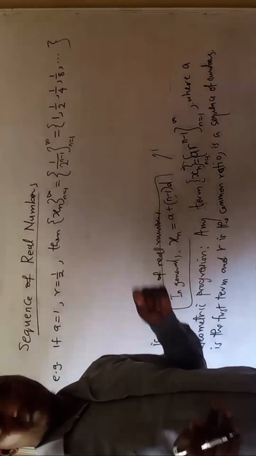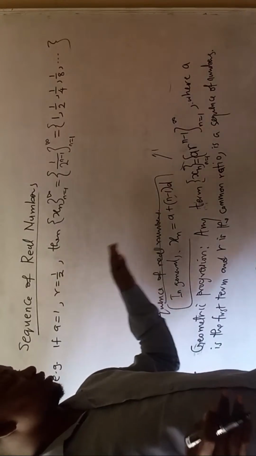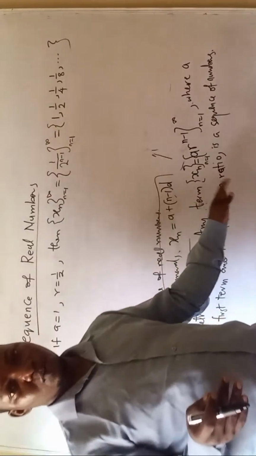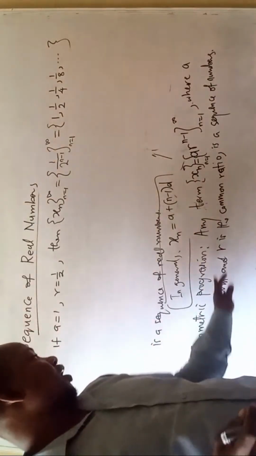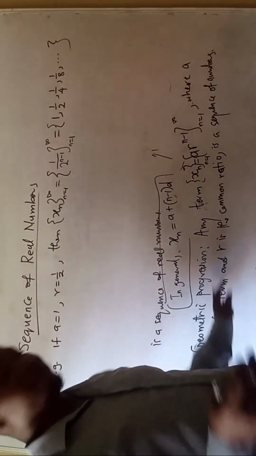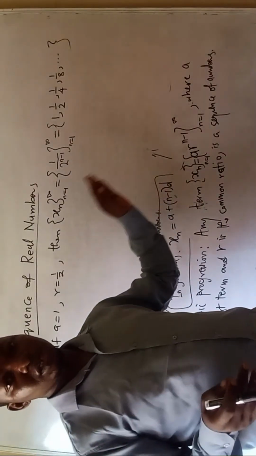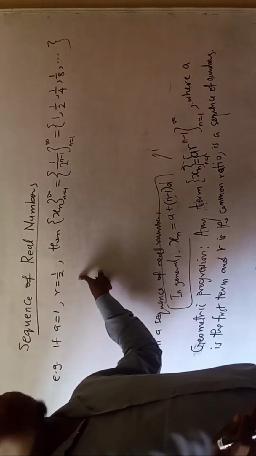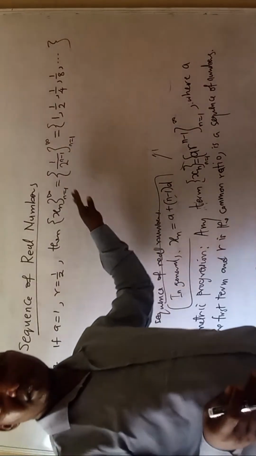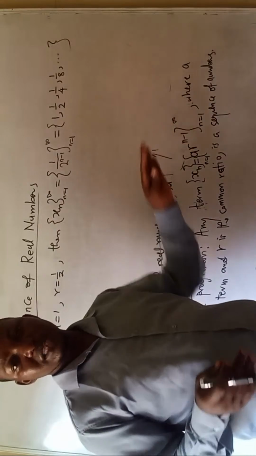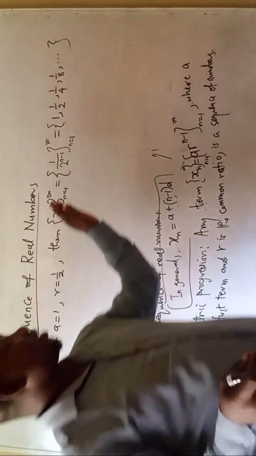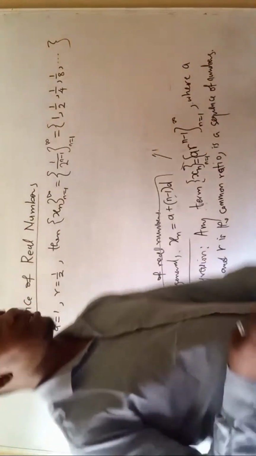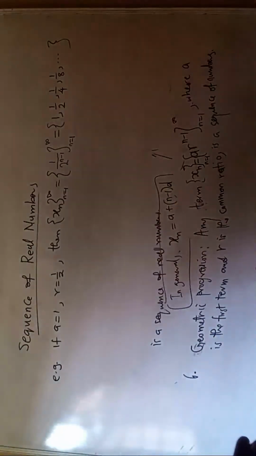Because there is a difference between when r is less than 1 and when r is greater than 1 under the geometric progression. The difference is that if the common ratio is less than 1, that sequence is going to have a limit, that is, as n tends to infinity it approaches a last number for the sequence.